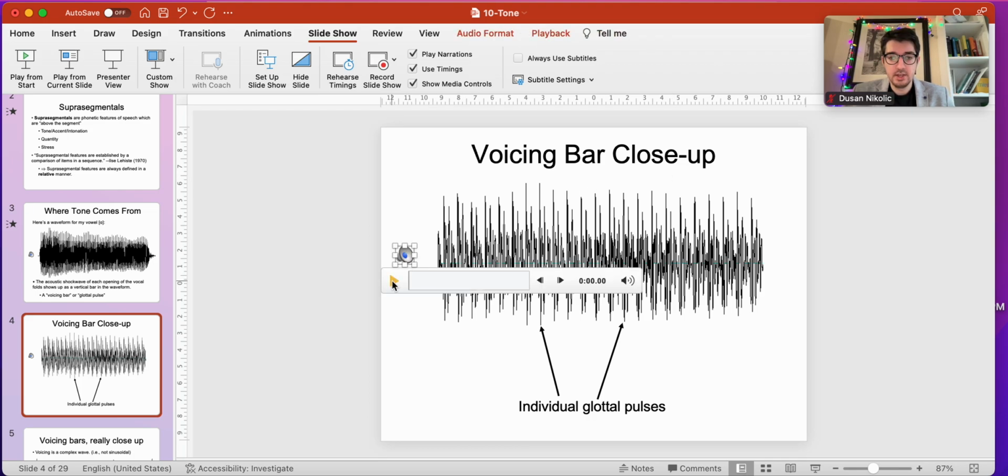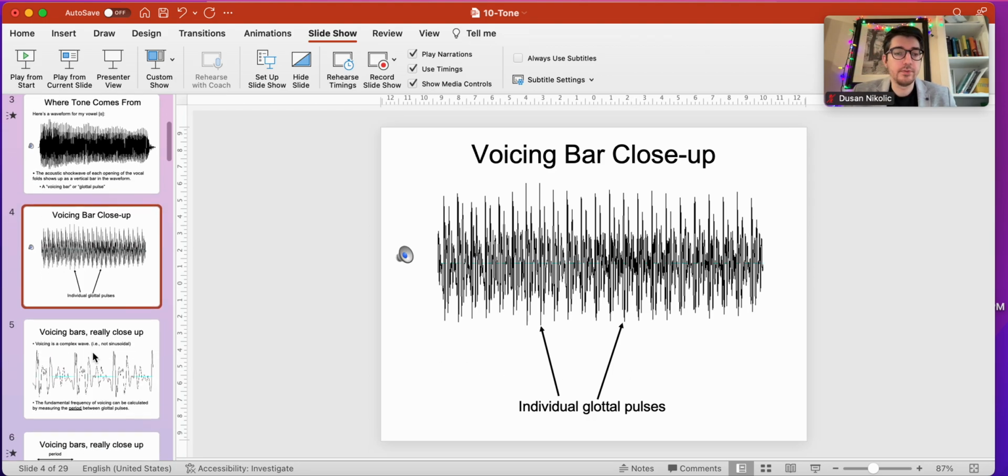And these are just, let's say, 20 voicing bars with individual glottal pulses shown close up. As I said, these are called pulses because those spikes indicate each pulse or each opening that you make with your vocal folds.